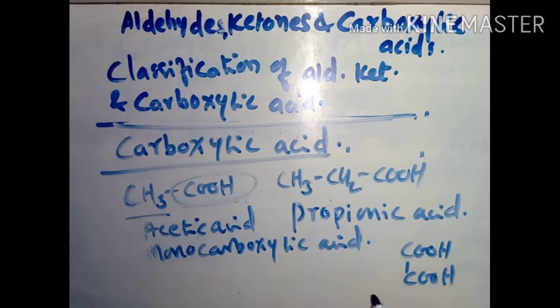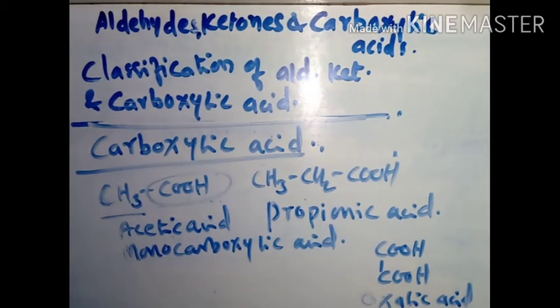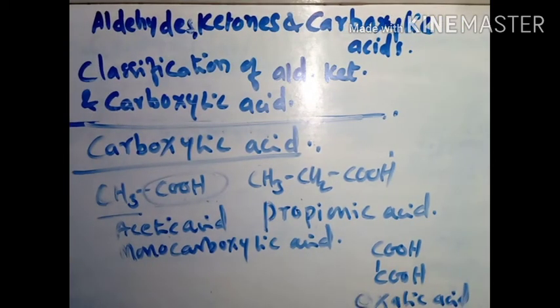The name of this compound is oxalic acid, in which two COOH groups are present. That's why it comes under the classification of a dicarboxylic acid, or the general name, oxalic acid.